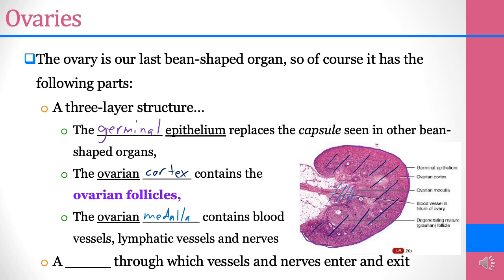And then finally, there is the dimple in the bean, a hilum through which vessels and nerves enter and exit.